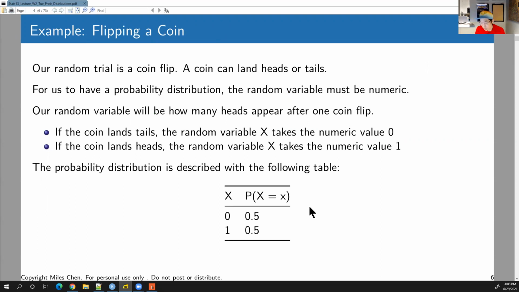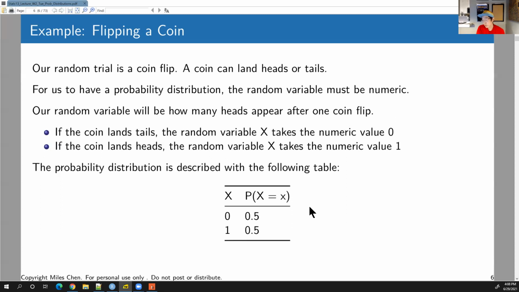Another probability distribution we could have is, let's flip a coin, and the coin is either going to land heads or tails. Now, again, we can't write down heads or tails. That's not going to be a random variable. Our random variables have to be numeric.